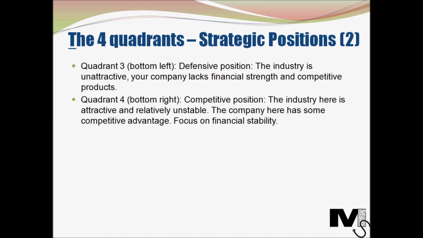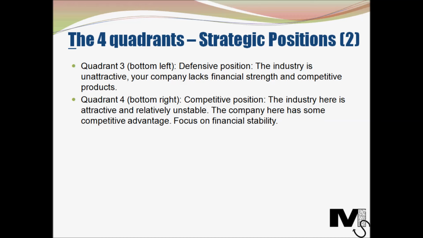Okay, and quadrant 4, which is the bottom right, is also called the competitive position. Now, the industry here is attractive and really unstable. Now, unstable industries are always quite interesting. The company here has some competitive advantage, but the biggest course correction you need to make would be to improve financial stability.